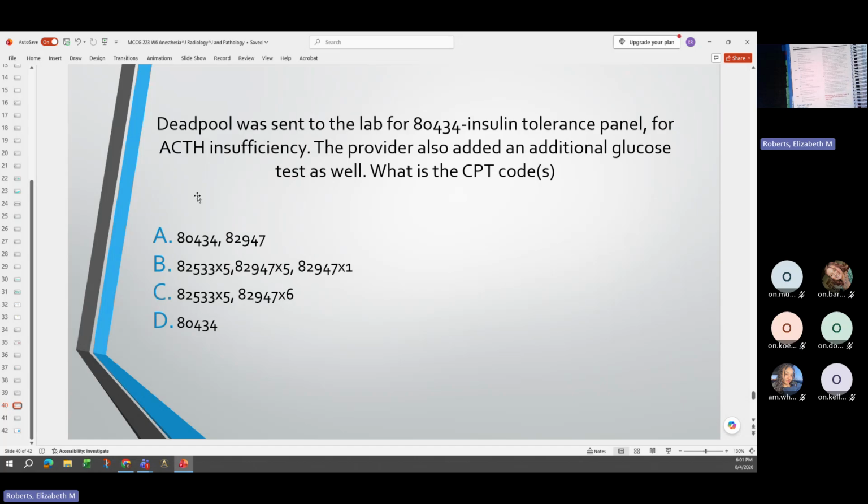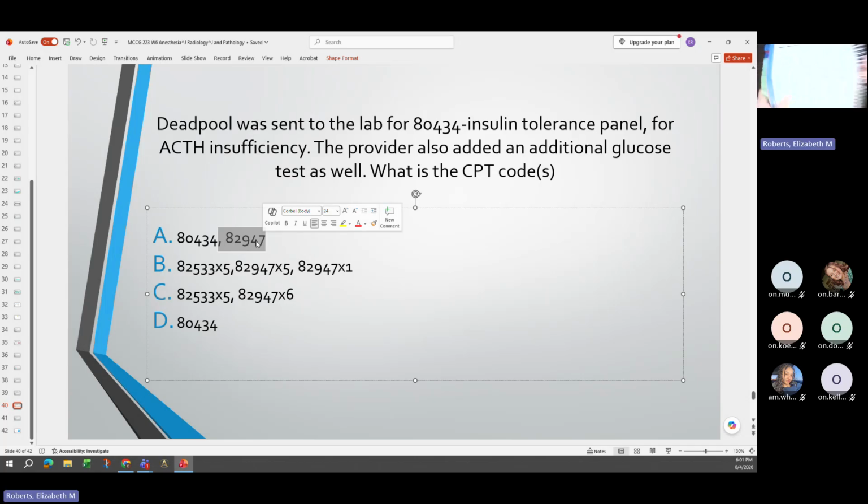Okay, so our question here is, we have an additional 82947 here. Let me zoom in a little bit. 80434, right? It says the panel must include the following: cortisol, 82533 times 5, and glucose, 82947 times 5. So that's the code for glucose, 82947.